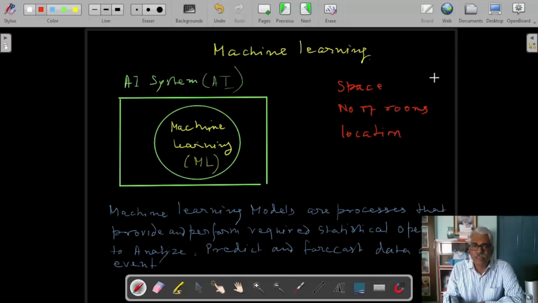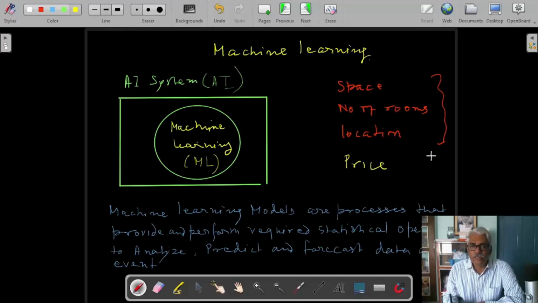These are the three features which actually determine the price. You can say price is the final output which you are looking for.